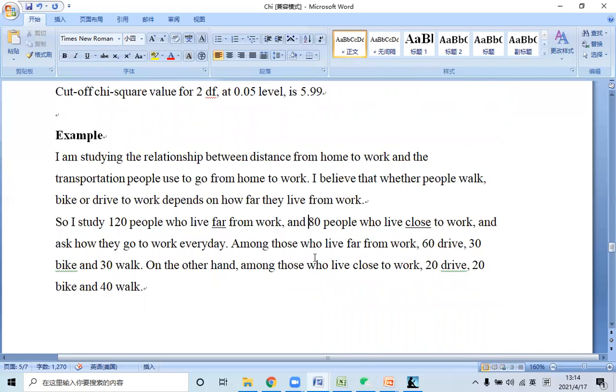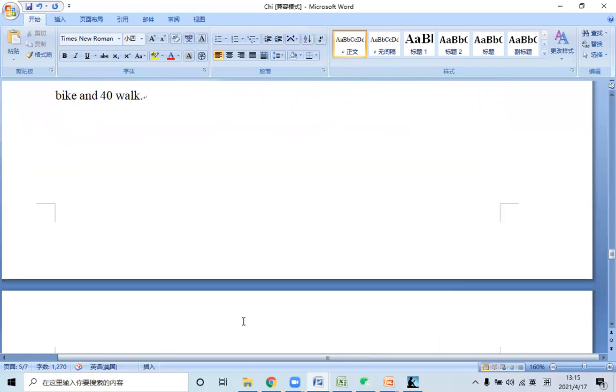And I ask them how they get to work every day. Among those people who live far away, 60 drive, 30 walk, and 30 bike. On the other hand, among those who live closer to work, 20 drive, 20 ride a bicycle, and 40 walk. This is the pattern of data I got.